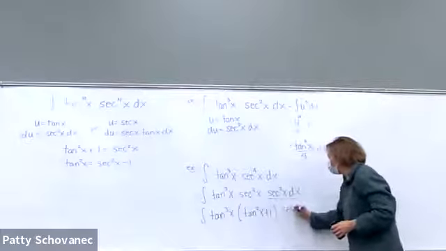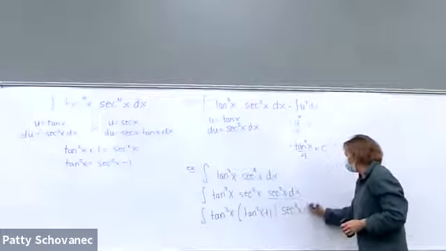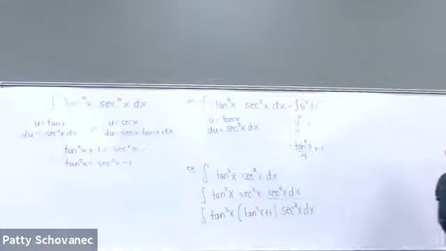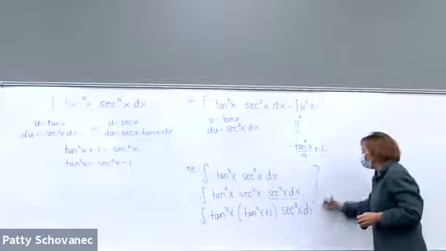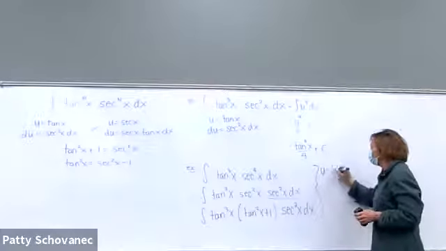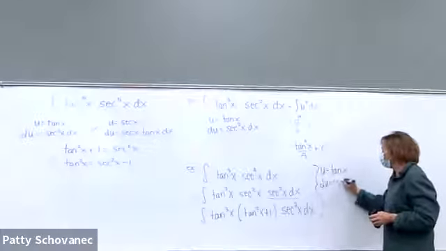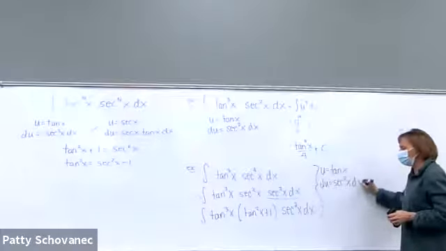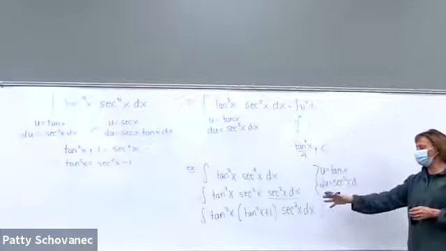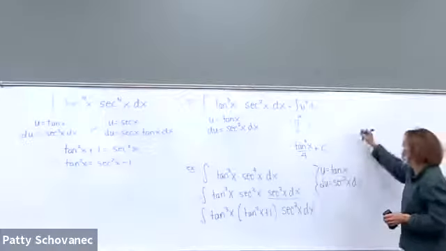And now you have a UDU integral. You're pulling out a secant squared. Can you write everything else in terms of tangents? That's what you're asking yourself. So here you take u to be tangent, and du is secant squared. So you have u cubed times u squared plus 1 times du.